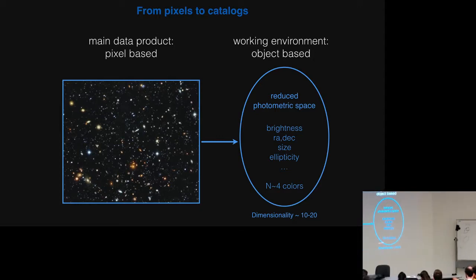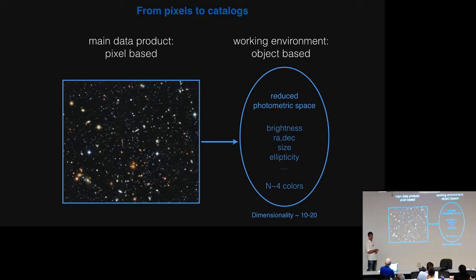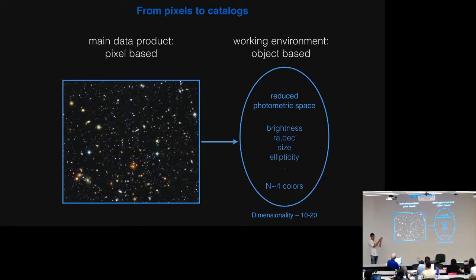We can do that for all the filters we have, and so we end up with about 10 to 20 numbers to represent each source in the field. At high enough redshifts, we don't have much spatial resolution for them. That's easy enough. We have extracted all the information object per object.